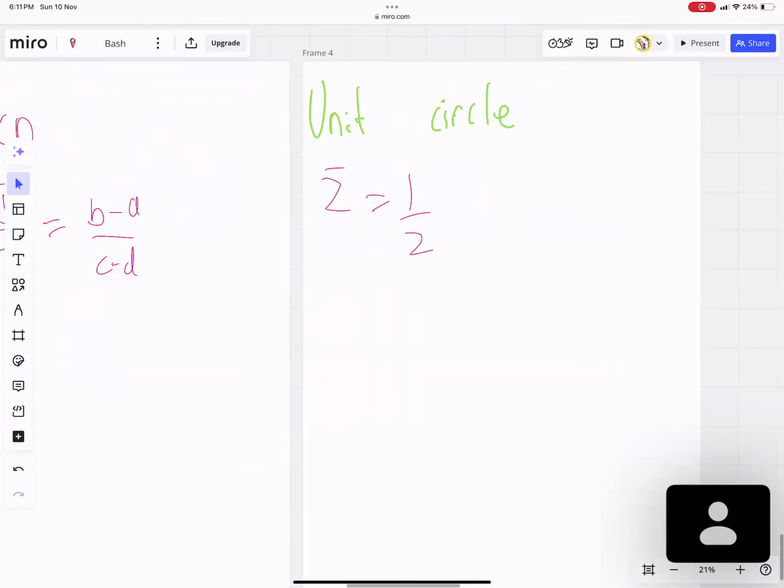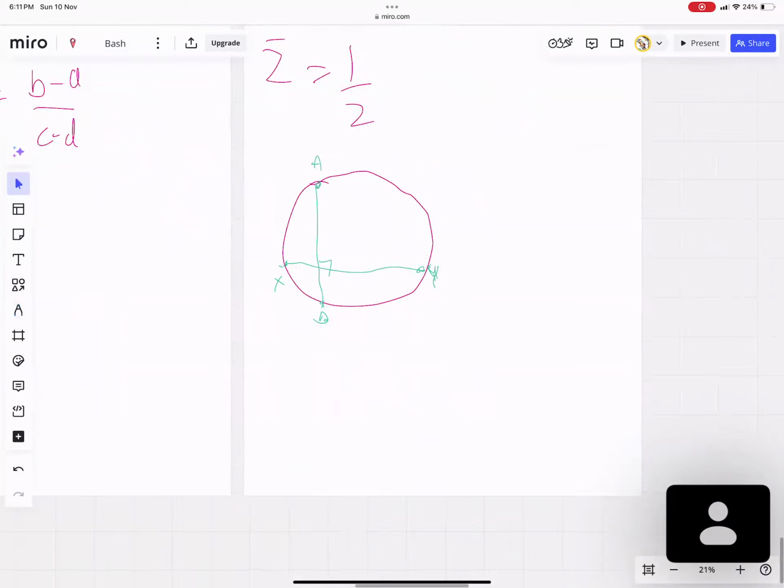So now let's see what it means for, let's say we have the unit circle and we have 4 points A, B, X, Y, for AB to be perpendicular to XY.